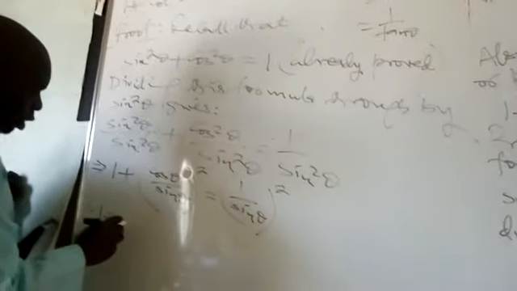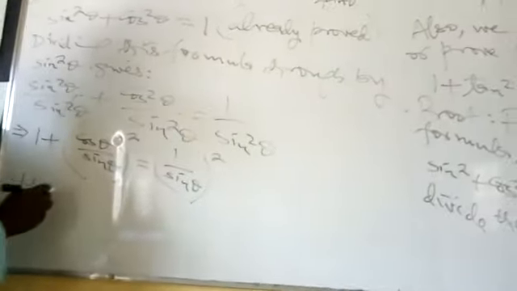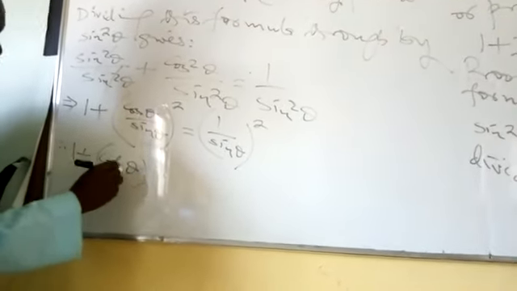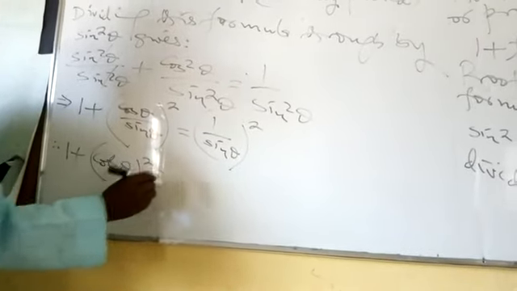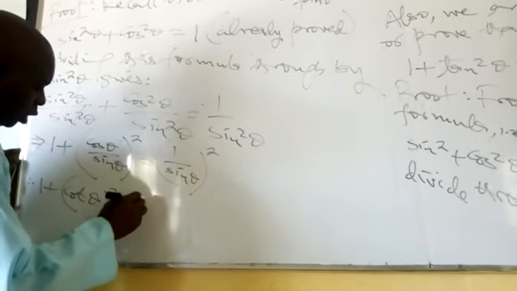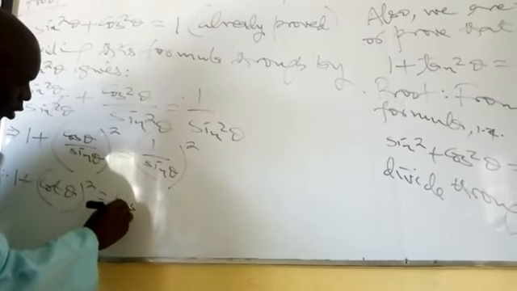So this is the same thing as (cot theta) all square, which is equal to, now 1 over sin theta is cosec theta, (cosec theta) all square.